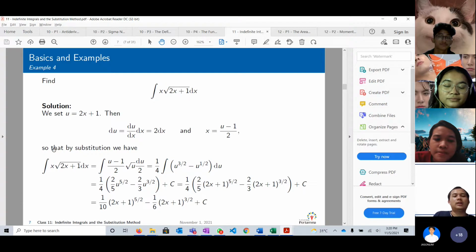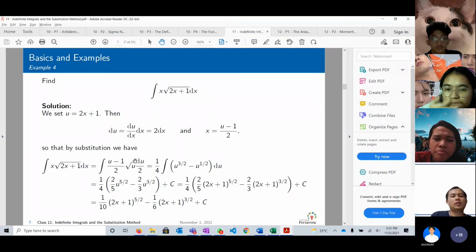So the integral of x square root of 2x plus 1 dx can be made into the integral of u minus 1 over 2, which is the x, times square root of u, du over 2.